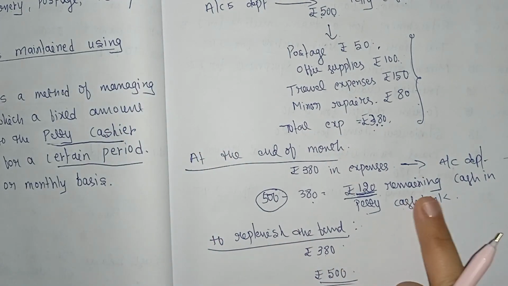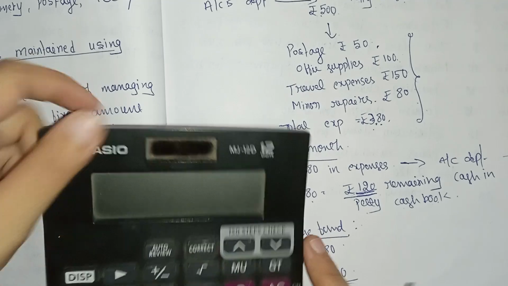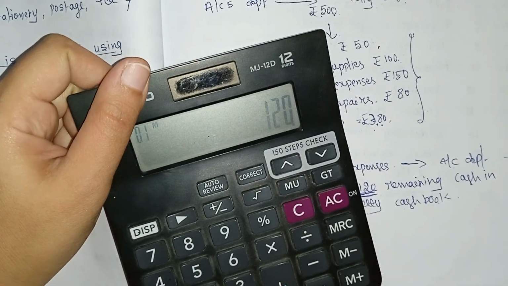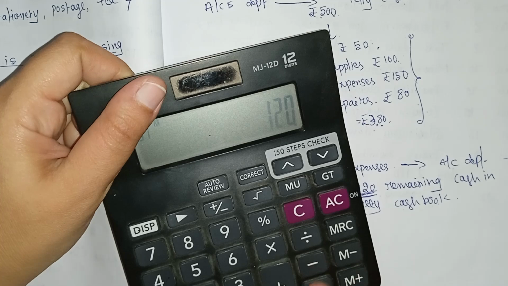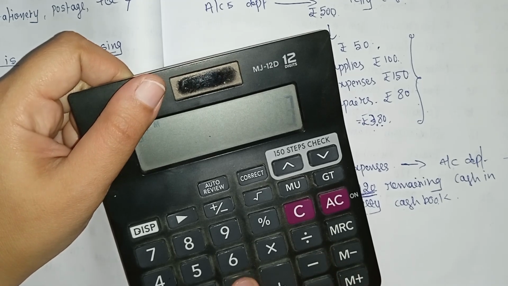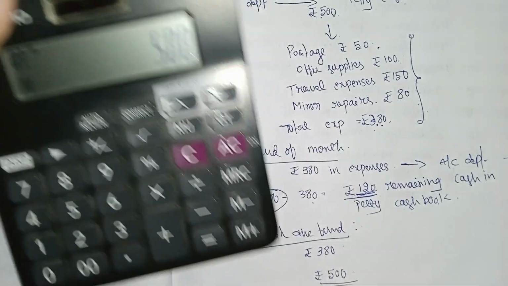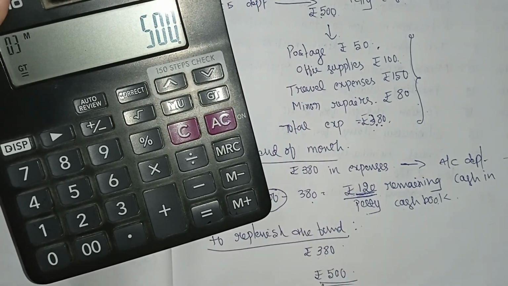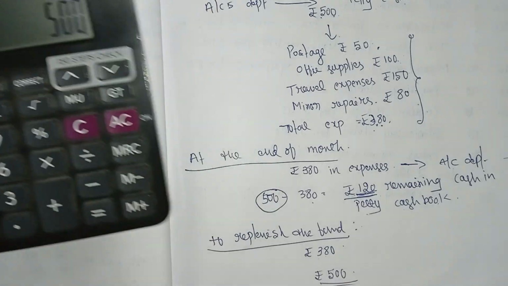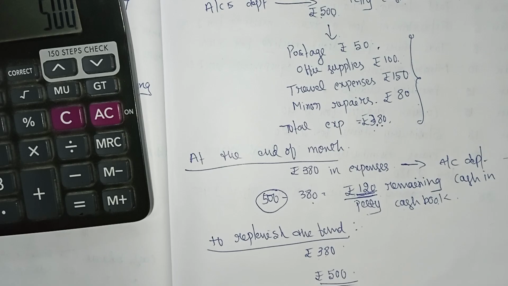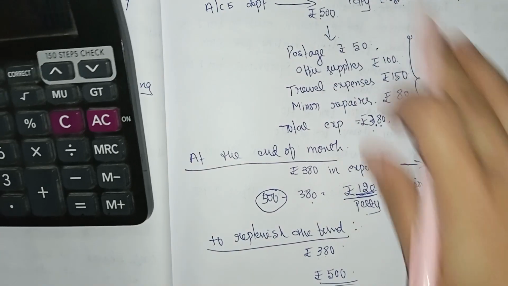The remaining cash balance after payment of all expenses is rupees 120, plus rupees 380, the amount received from the company. It becomes rupees 500 because the petty cash fund always remains at the same fixed amount. Okay, I hope this point is clear to you all.